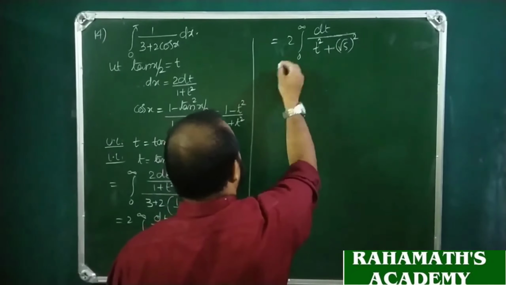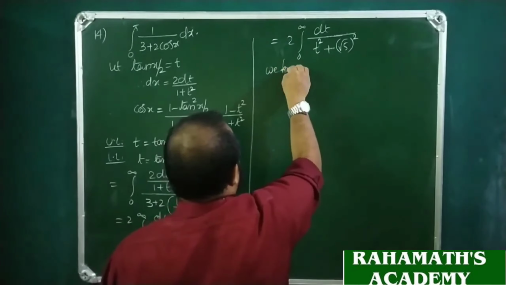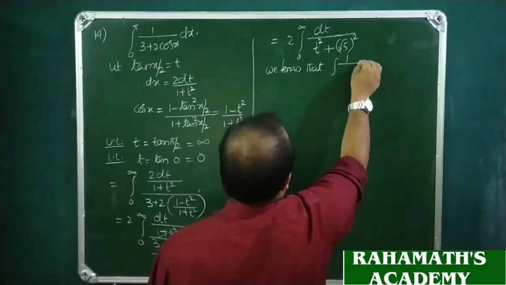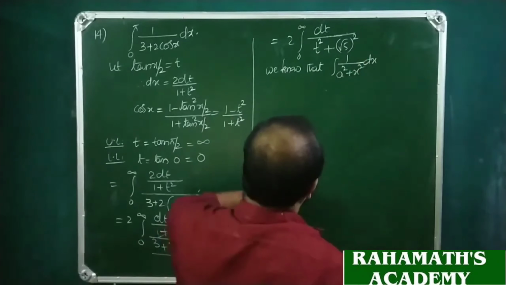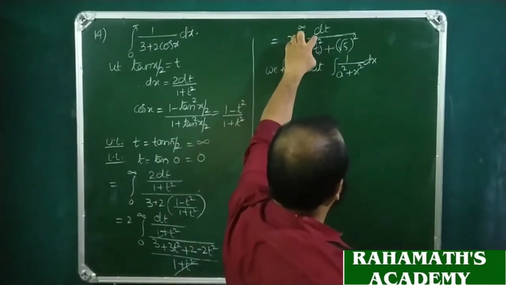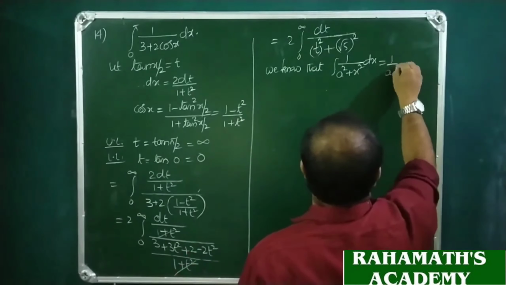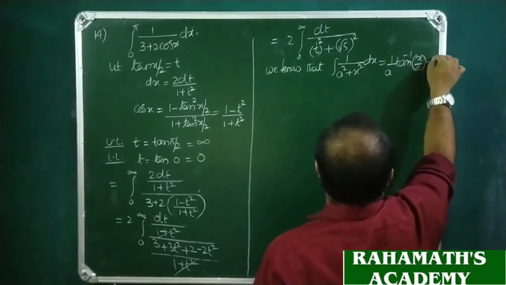So we know the formula: the integral of 1 by a square plus x square dx, because this is the variable of integration, x square can be treated and this is a square. So 1 by a tan inverse x by a plus c.